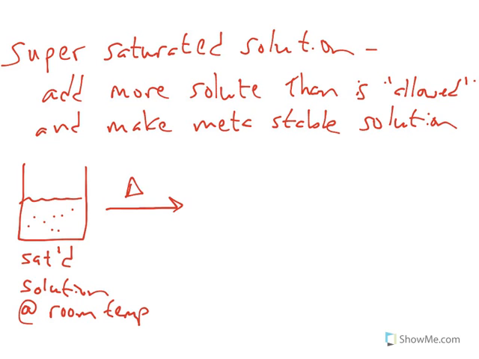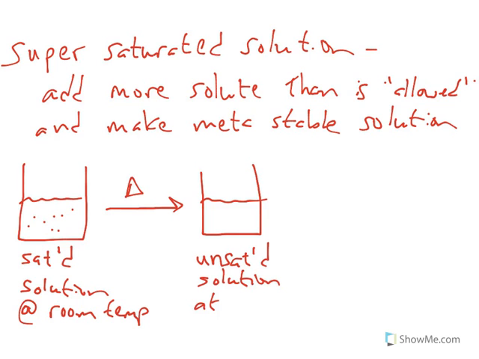So you increase the solubility, and when I say increase the solubility, you're now allowed to put more solute into the solvent. All right. So all of a sudden, at elevated temperature, you have an unsaturated solution at elevated temp.